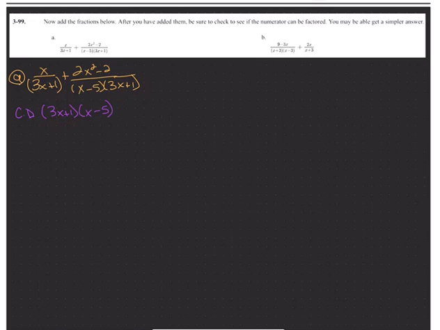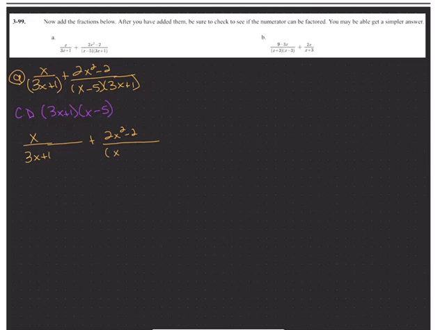So I am going to write my original. So I have x over 3x plus 1. And I'm just going to make that a little bit longer. Plus my second one, which was 2x squared minus 2.